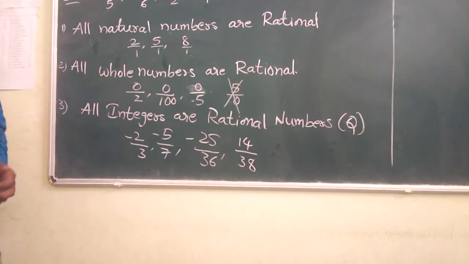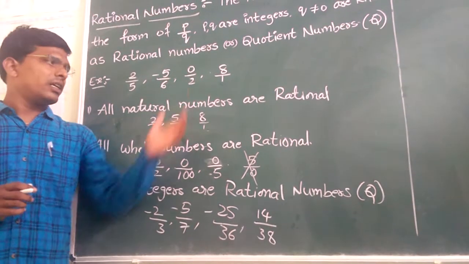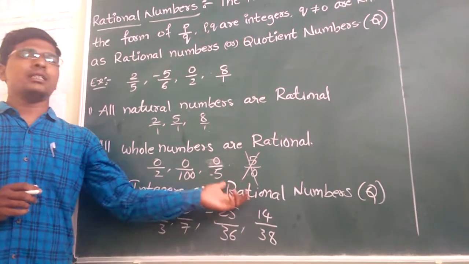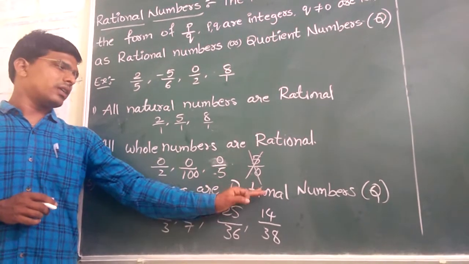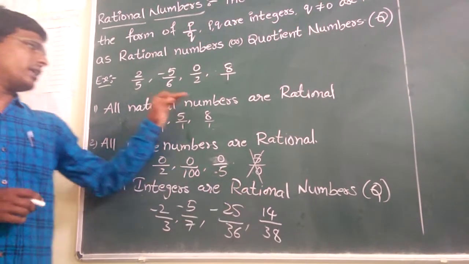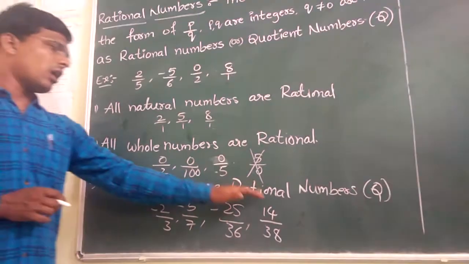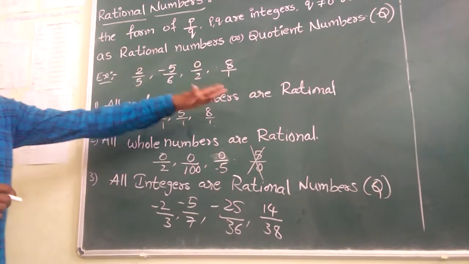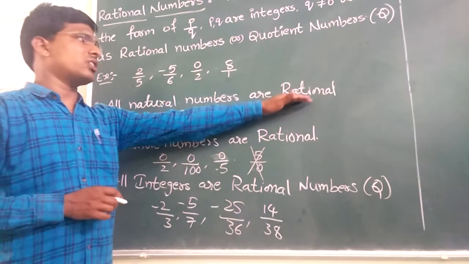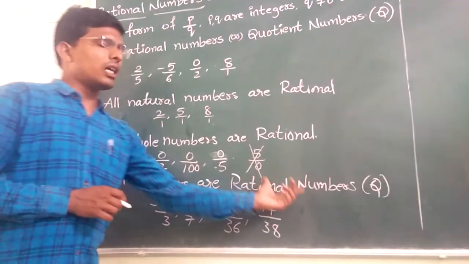So we can conclude that all natural numbers, whole numbers and integers are in the form of rational numbers. But vice versa, all rational numbers are not natural numbers, not whole numbers, and not integers. Only one way is possible: all natural numbers are rational, all whole numbers are rational, and all integers are rational.